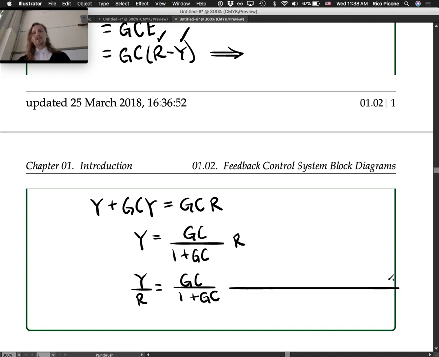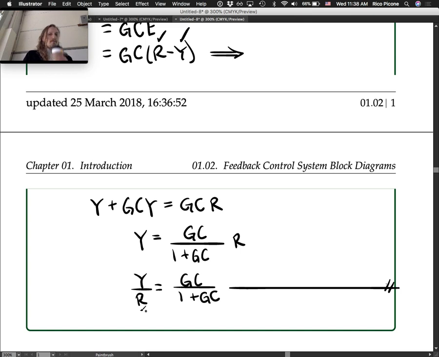And this is our closed loop transfer function. This is the transfer function from a command r to an output y. And when you have a control system, the closed loop transfer function is the transfer function that governs the control system behavior. Okay?